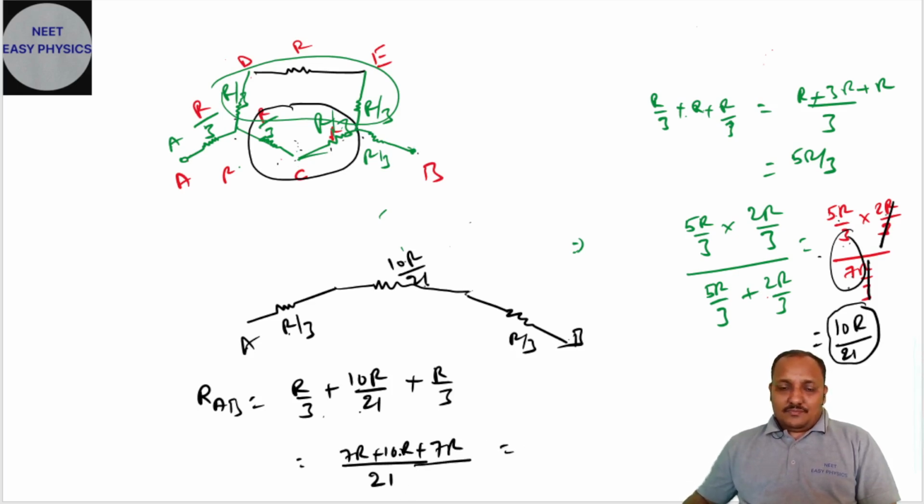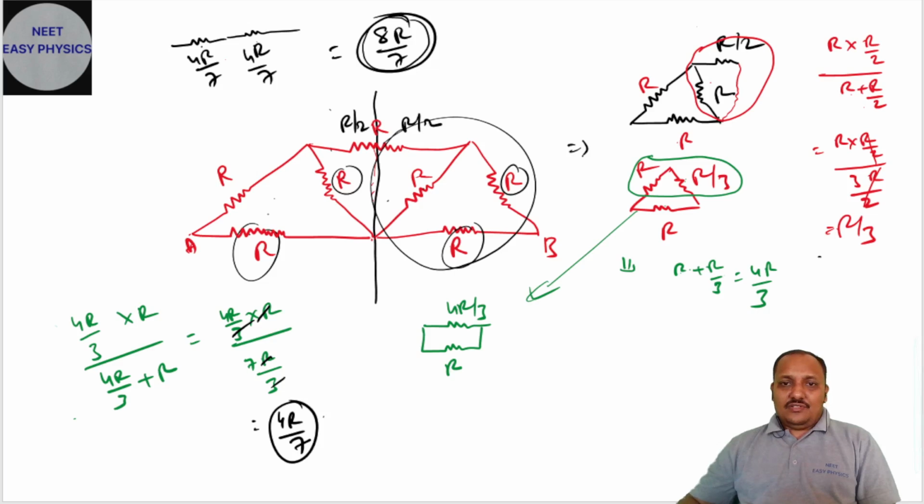If you add these, 7 plus 10 plus 7, that is 24 by 21 R. So 8 by 7. Correct? 8 3s are 24, 7 3s are 21. Previously how much did we get? Previously also we got 8 by 7 R. Isn't it? So for this it will be okay.